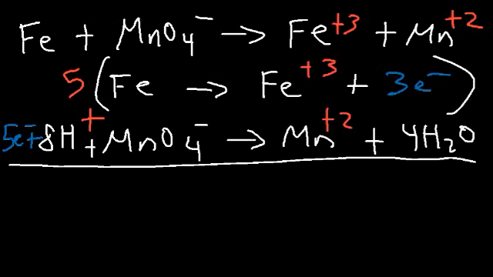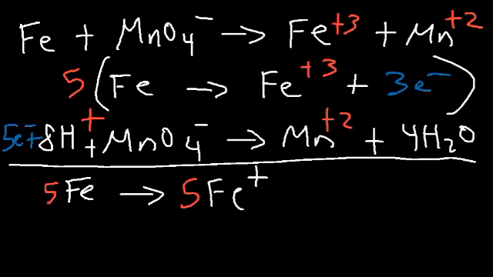So if we multiply the first half reaction by 5, it's going to be 5 Fe and 5 Fe plus 3 and 15 electrons. Now for the second one, if we multiply everything by 3, we're going to have 15 electrons.